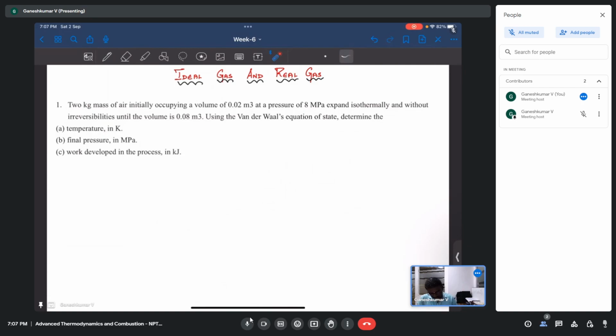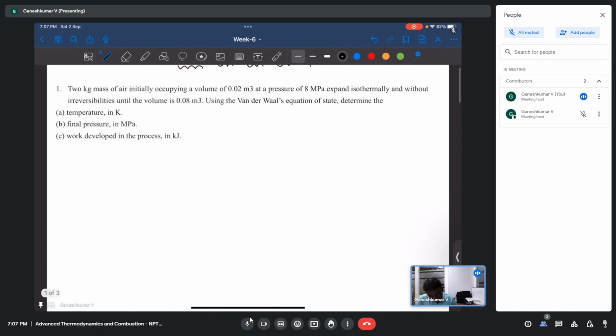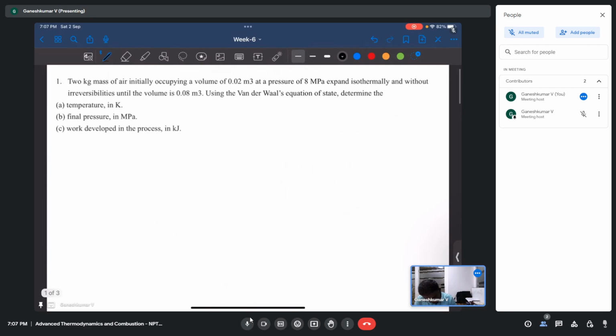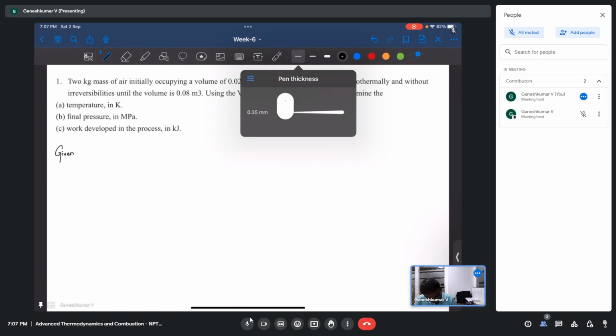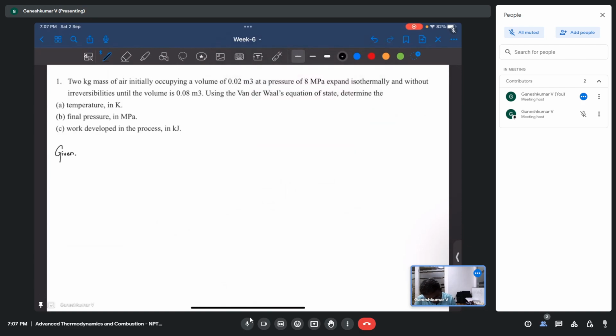Having said that, let's write the given so that we will be able to solve the question. Given, we have a mass of 2 kg of air. It looks like we will draw a piston cylinder arrangement. Let me draw that.